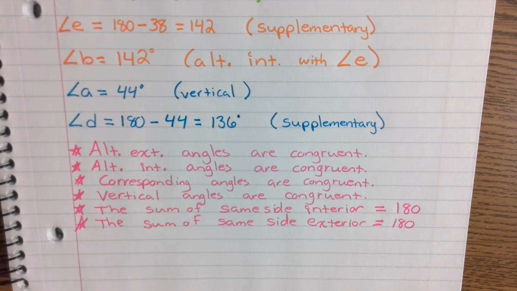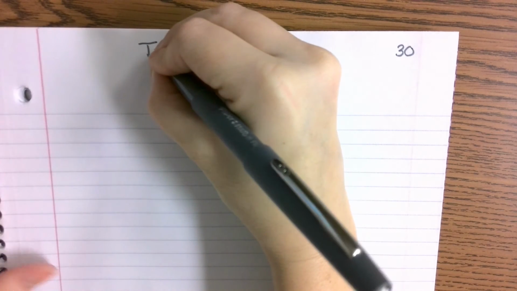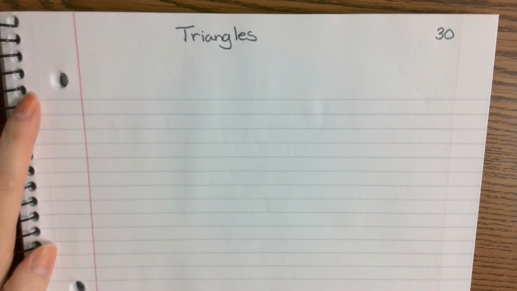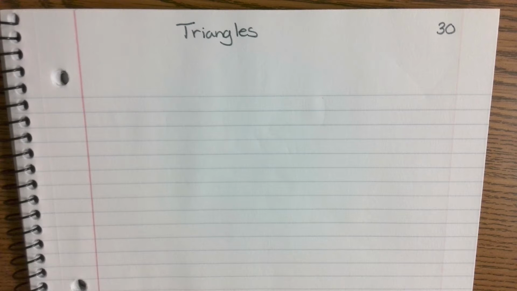Awesome. Let's go ahead and turn to page 30. We're going to talk about triangles. With triangles, it's really important that you understand how to name a triangle and how to classify a triangle.